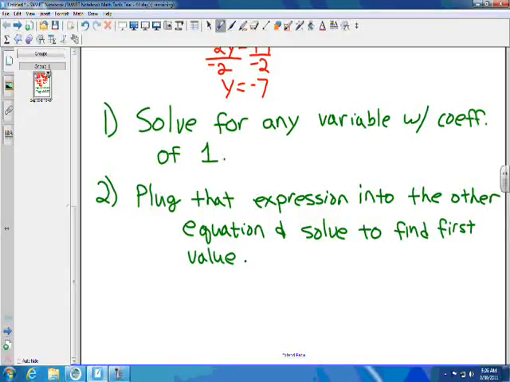So in that step, you will either get x or y, depending on which one you solve for. Applying this to the problem we just did, in step 1 we solved for x in one equation, and then we plugged that expression into the other equation for x, and we solved for y.